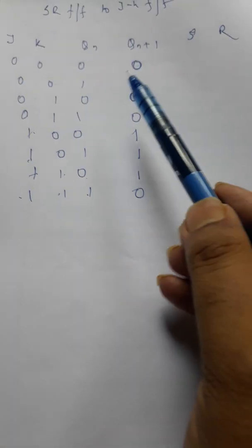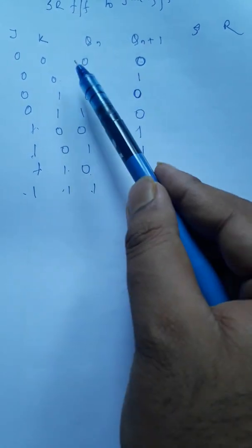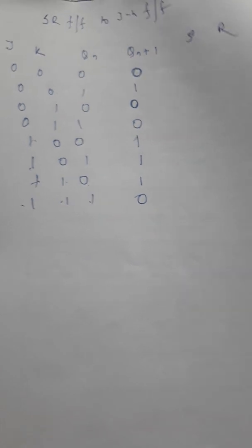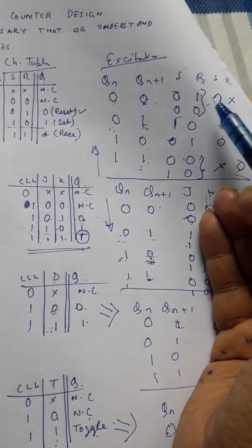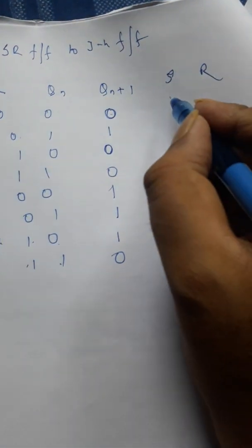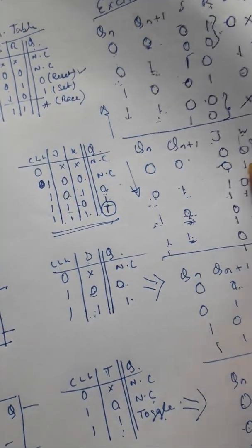Now see the change in the sequence. If the output changes from 0 to 0, what was the condition? If 0 to 0, then S is 0, R is don't care. So we write here, as the output is changing from 0 to 0, S is 0, R is don't care. And 1 to 1 means the output changing from 1 to 1 is S don't care, R 0.